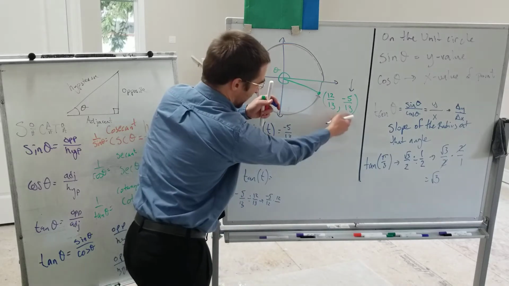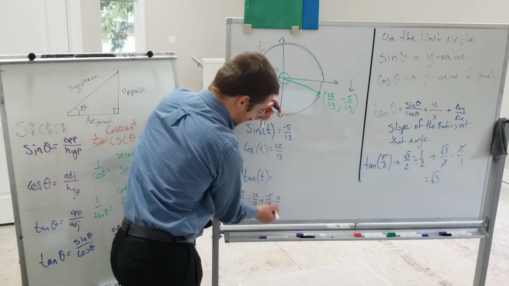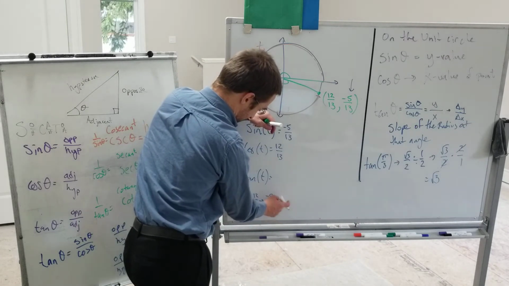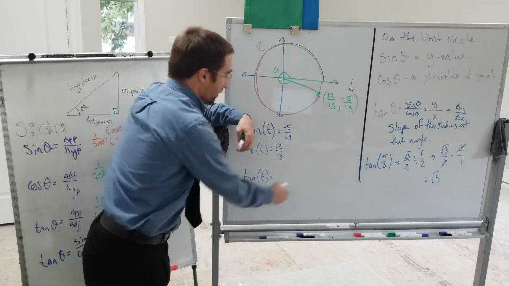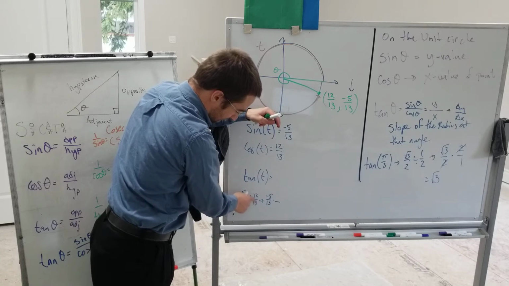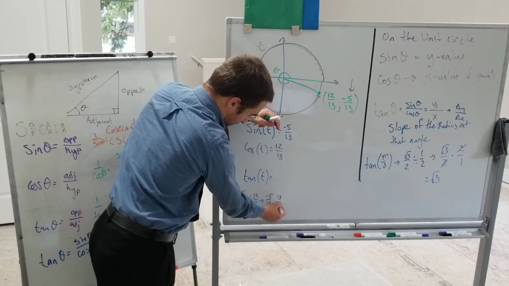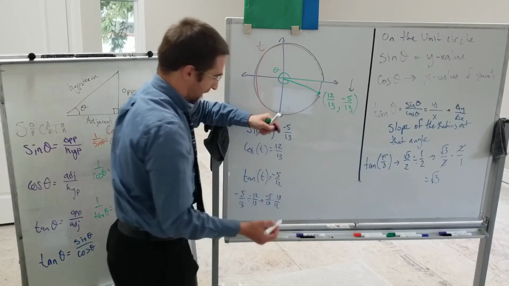Sorry, this is a 13, that's a 13, and then 12. All mixed up, sorry. This divided by this, and then I'm going to flip and multiply, so I get 13 over 12, and that gives me negative 5 over 12 for my tangent.